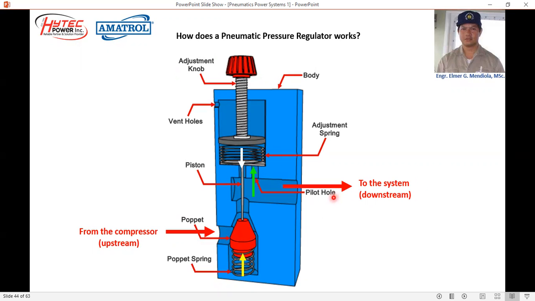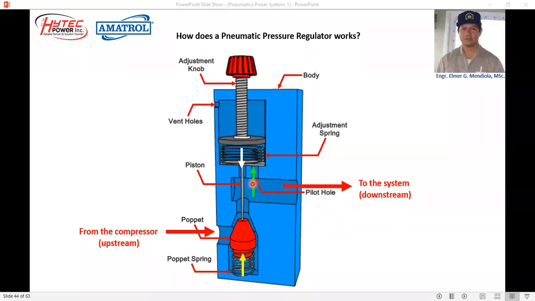So when that happens, Pascal's law will apply. Blaise Pascal's law states that the pressure at any point within a static fluid, and when I say fluid, that could be gas or liquid, is equal in all directions. So if that is the condition now, the pressure from this part here is equal in all directions.